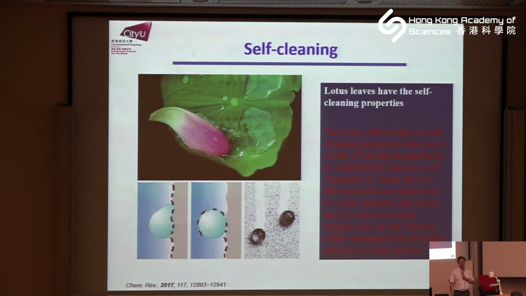But of course, we have the question of how long that effect can last. Maybe only 1 day, 2 days, right? That means you may need to apply the coating every day, right? So that's why this is one of the applications that we think has potential for future applications.